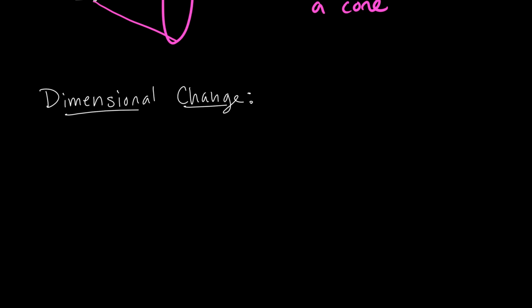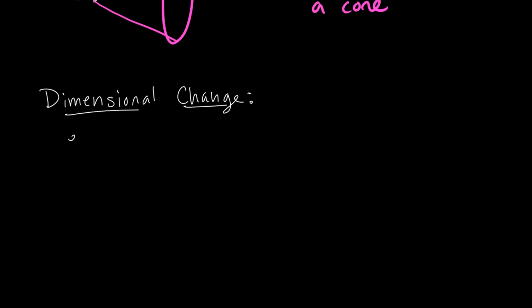Now, how many dimensions does a solid have? 3 dimensions. Good. So either they can change all 3 dimensions, they can change 1 dimension, or they can change 2. It's literally taking the dimensions and changing their size.